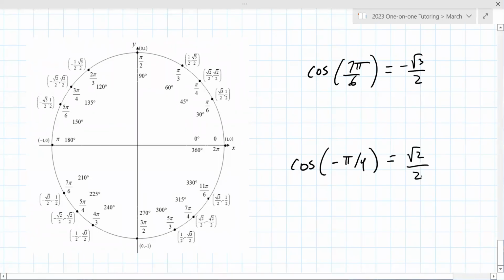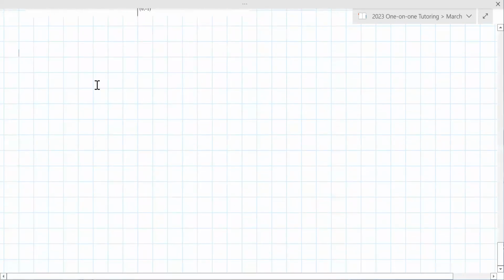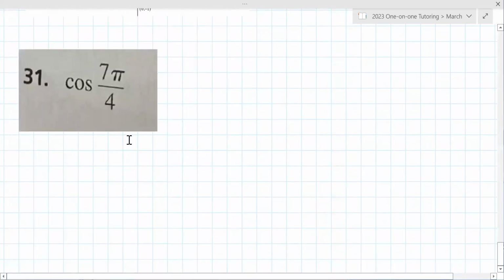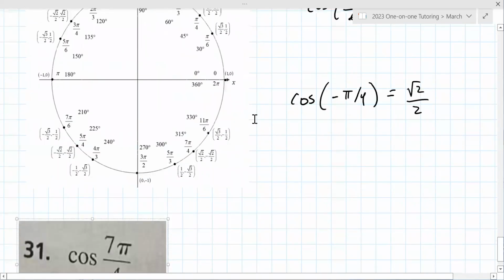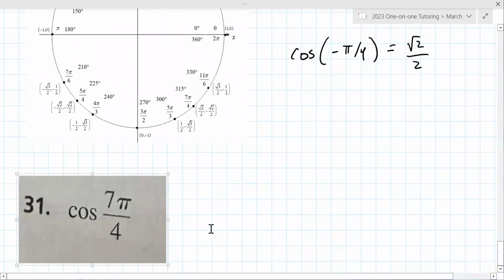Very good. Okay, so let's jump back to your problems here. We're going to do 31 next. We'll talk about how to do the others, of course. All right, so 7 pi over 4, you hope it's on the unit circle. Is 7 pi over 4 on the unit circle? Yes.